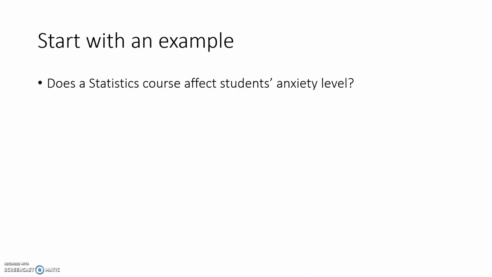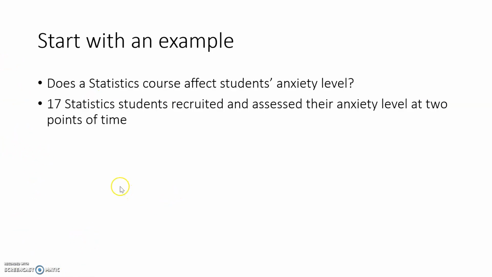Essentially, I probably would expect that my stats class would make my students more anxious, okay? So what I'm going to do to answer this research question is, first I'm going to recruit all my 17 statistics students in my class, and I want to assess their anxiety levels at 2 points of time, okay?